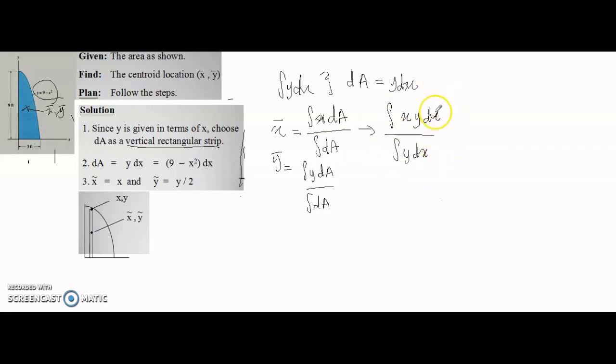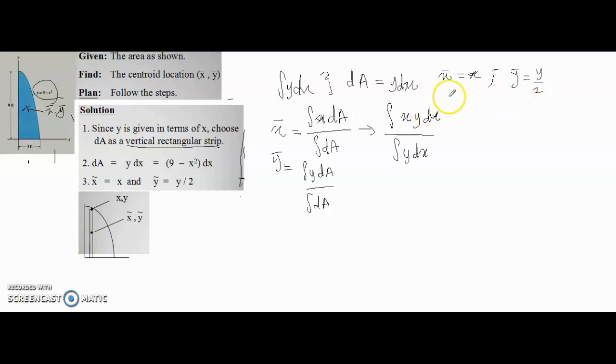Then you already generalize the coordinate for x, which means x bar is equal to x, and for y bar it is equal to y over 2.